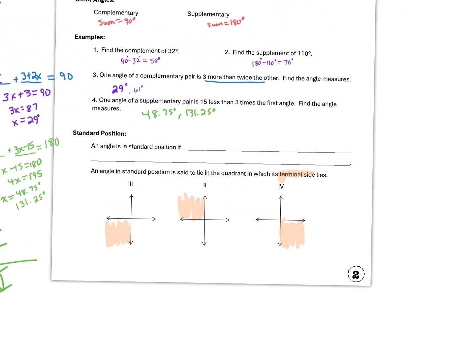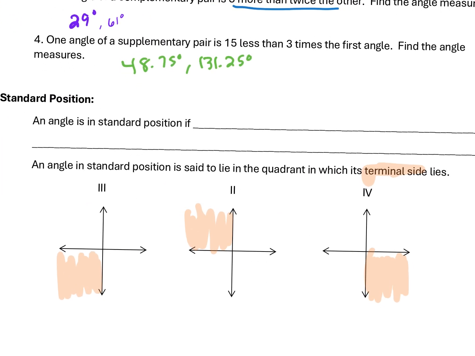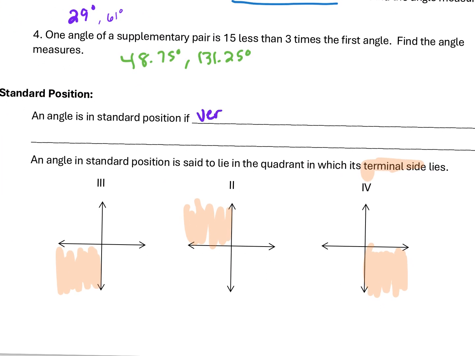Okay? All right, so an angle is in standard position if the vertex is at the origin, and then the initial side lies along the positive x-axis.